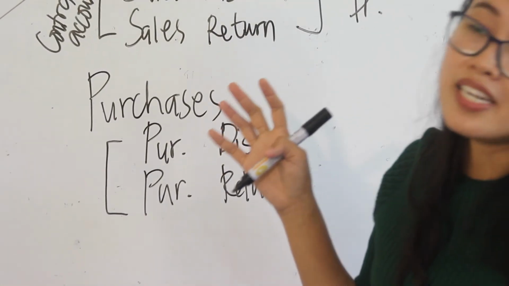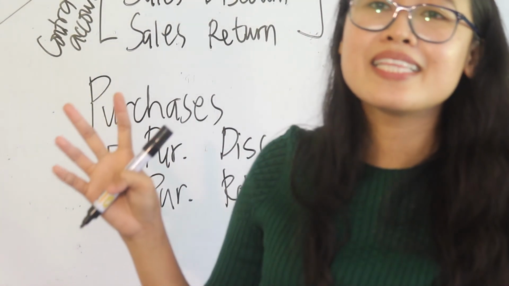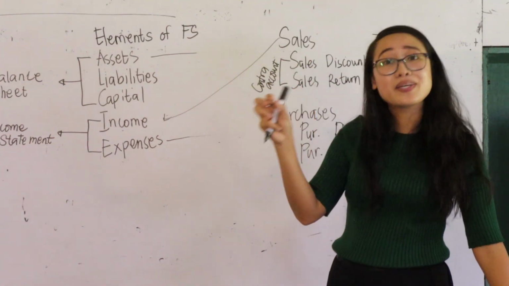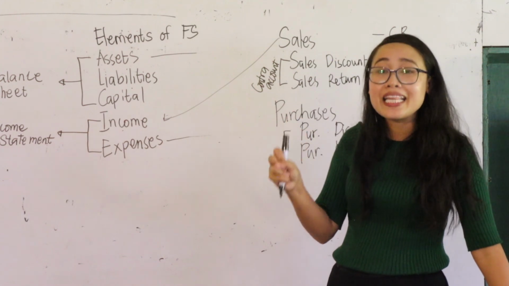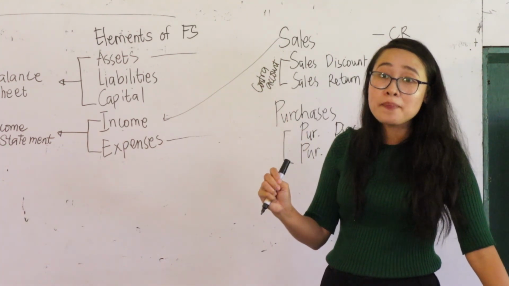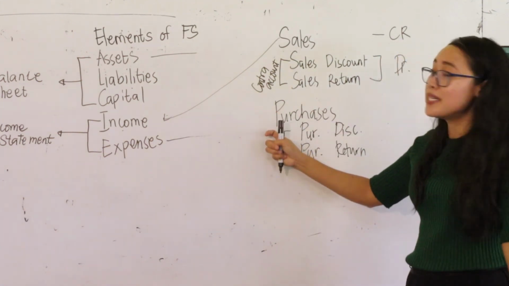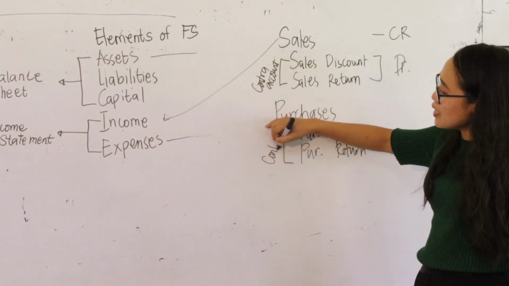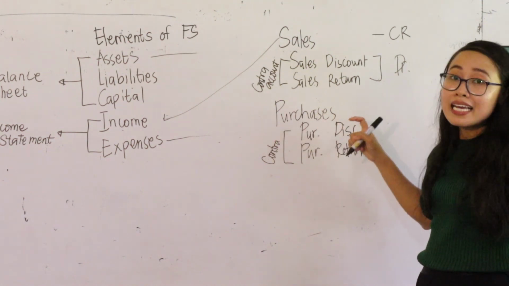These are expenses related to your goods, because this time we have the items transferred to the hands of our buyer. That's why there is what we call purchases. And what is the normal balance of expense? Debit.